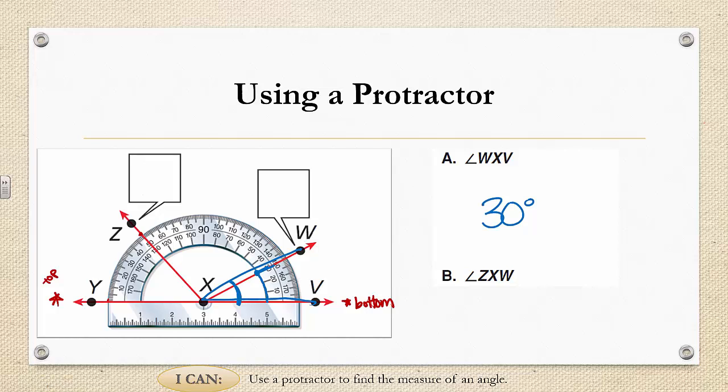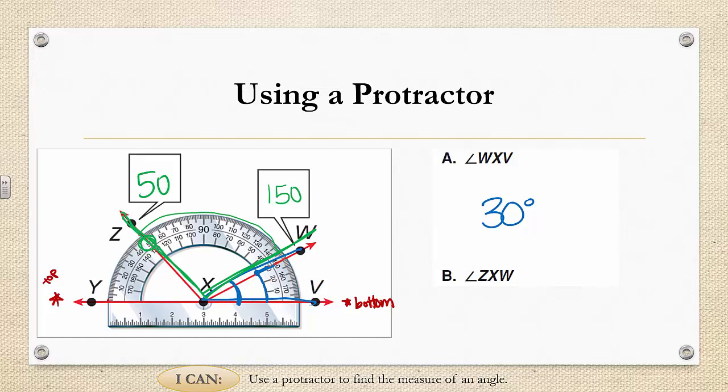Now the next one's a little trickier because it's kind of right in the middle. I want to measure ZXW right here. Now when I look at this, it's not lined up on this bottom. So I have to pick either the top or bottom measures and then subtract them to find out how much space is in between here. So let's pick the top ones. This crosses here at 50. And then this one over here on the top is at 150.